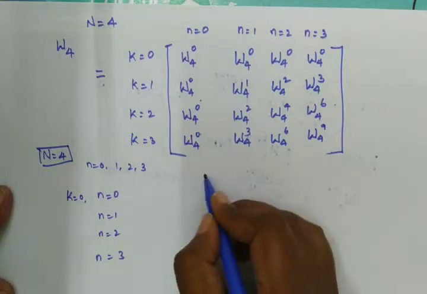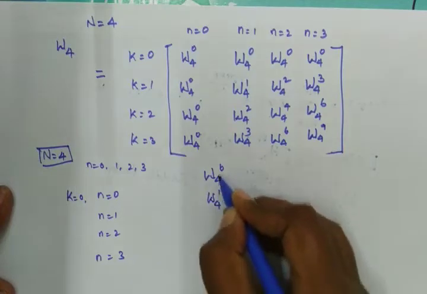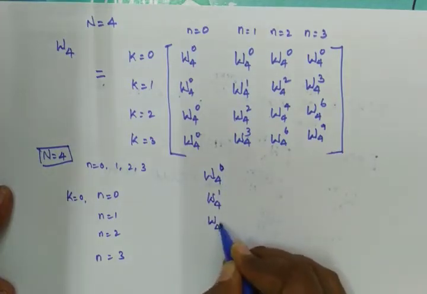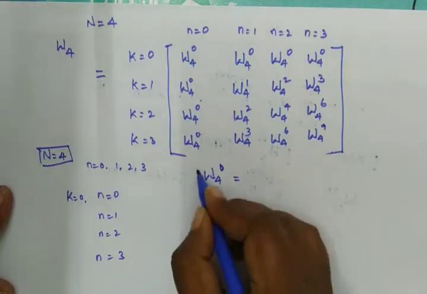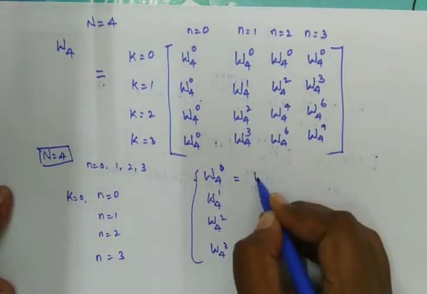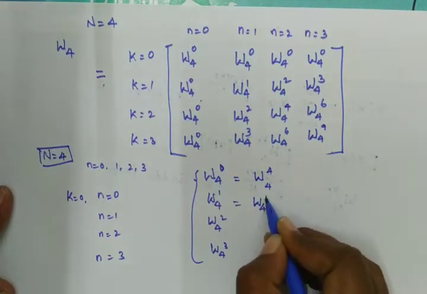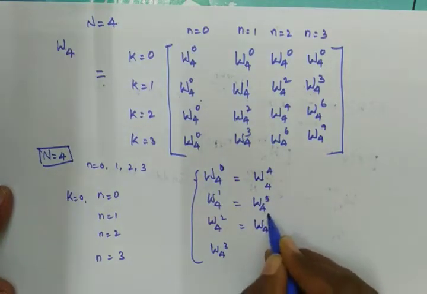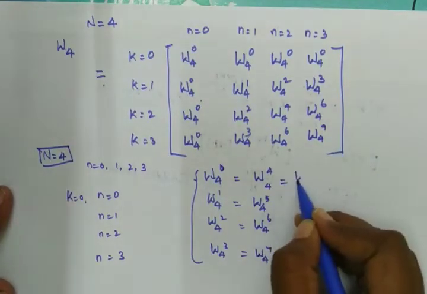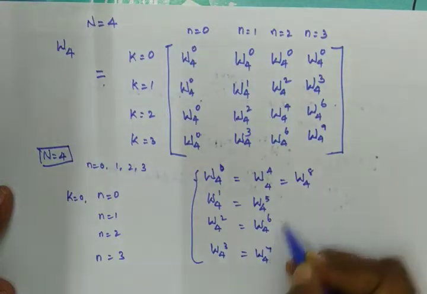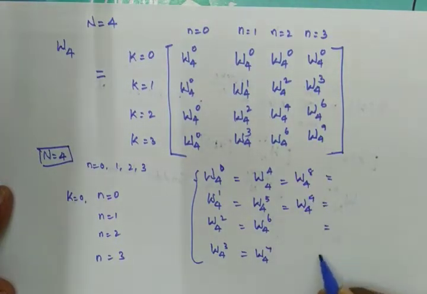So we need W4 power 0, W4 power 1, W4 power 2, W4 power 3, and then W4 power 4, W4 power 5, W4 power 6, W4 power 7. We have only up to 9, so W4 power 8, and W4 power 9. This is more than enough to find.